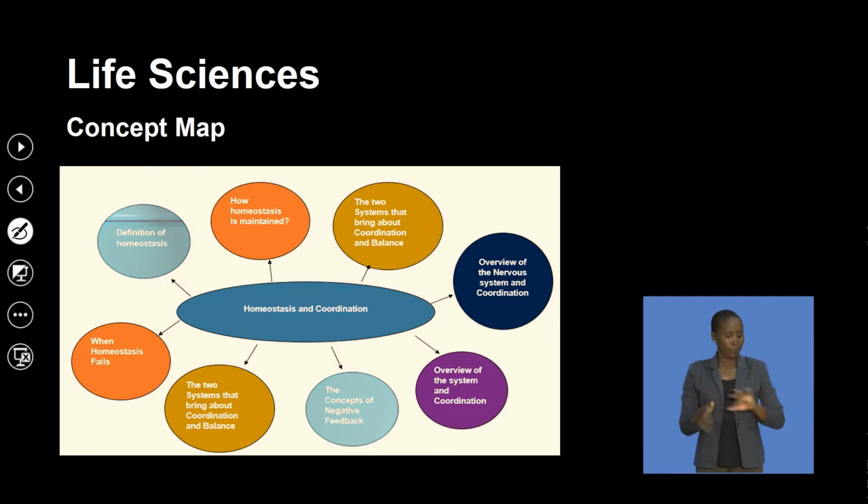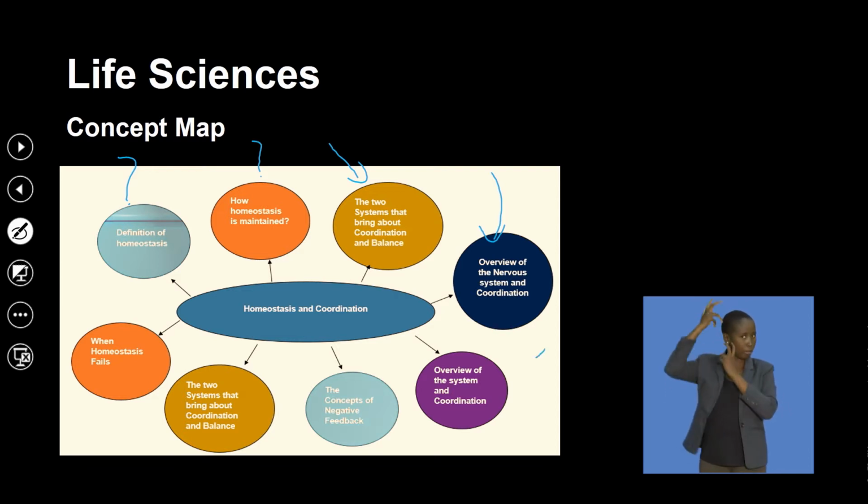So let's look at the concepts that we're going to discuss in our lesson today. We're going to unpack what the definition of homeostasis is. We're going to look at how homeostasis is maintained in the body. We're going to unpack the two systems that bring about balance and coordination. We're going to have an overview of what the nervous system is and how that coordinates body functions.